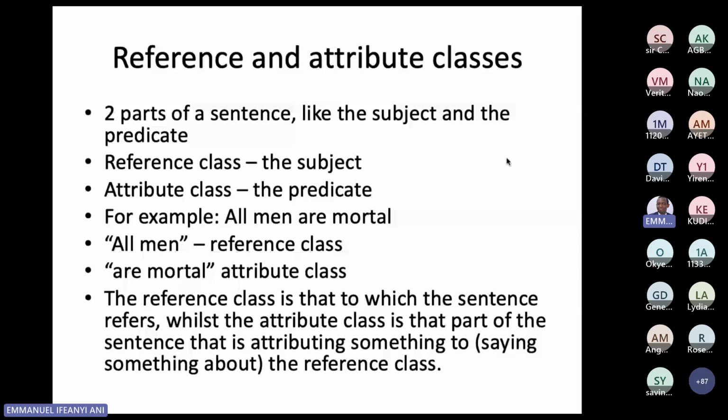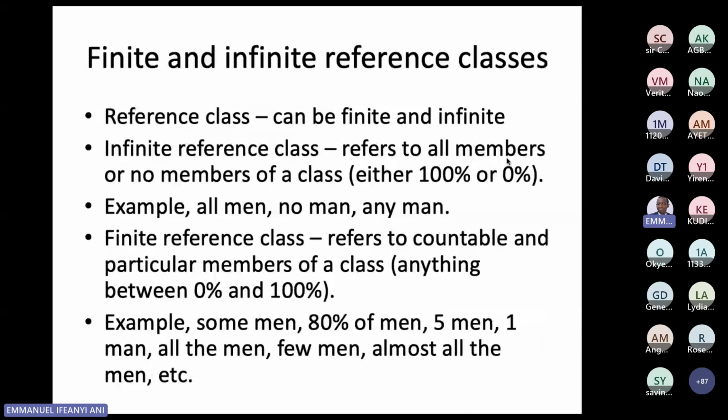Now, we have two types of reference classes: the finite and infinite. The infinite reference class refers to all members or no members of a class, either 100% or 0%.